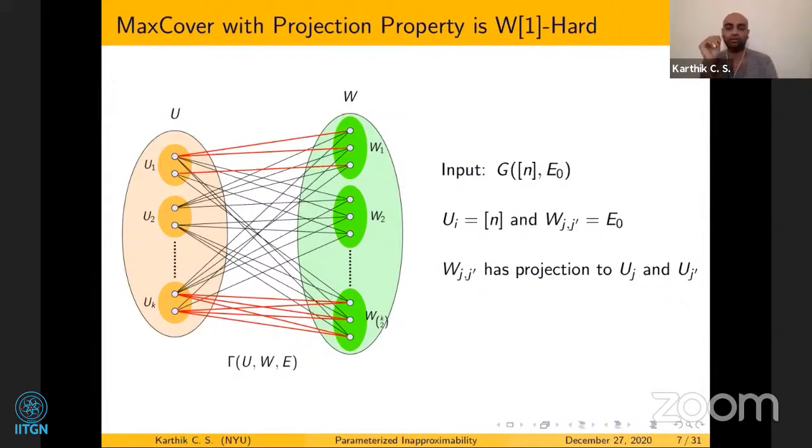For any Wjj', if it's Uj, then you just mark whether this edge is incident on this vertex, because Uj is a copy of the vertex set and Wjj' is a copy of the edge set. You put an edge if this edge is incident on this vertex. Whereas if I had Wjj' and say Uj'', which is not relevant at all, then you just put all possible edges. So just by the construction of the MaxCover instance, it has the projection property. So MaxCover with projection property is W1 hard.